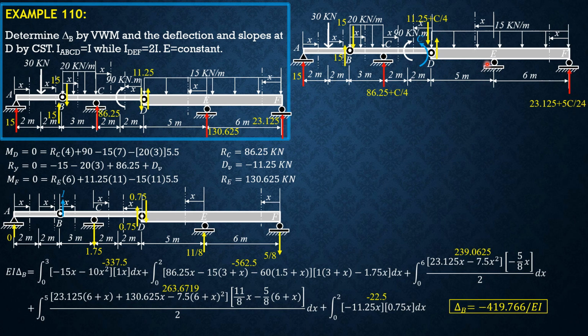Then you may sum up forces vertical if you want, or you sum up moment about F. So reaction at E times 6 plus C over 4 times 11 equals 0. So reaction here would be 130.625. So C over 4 times 11 is 11 over 4 negative.